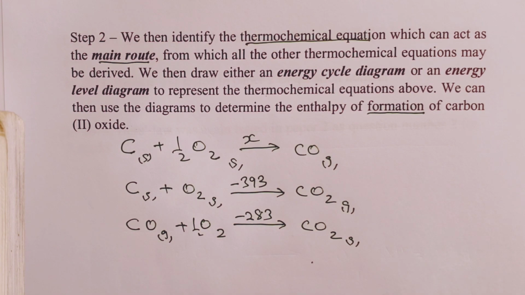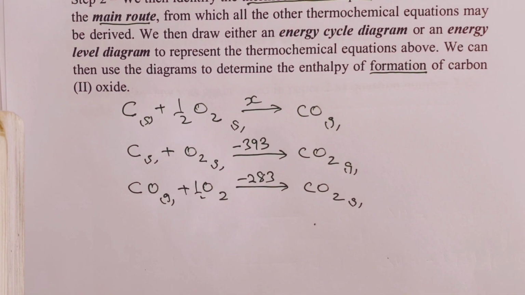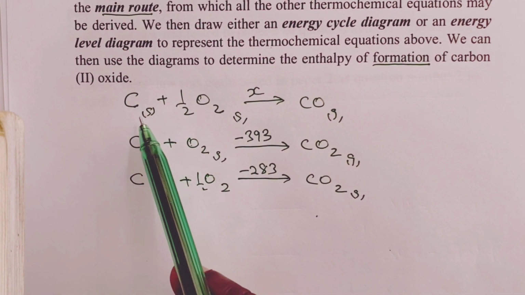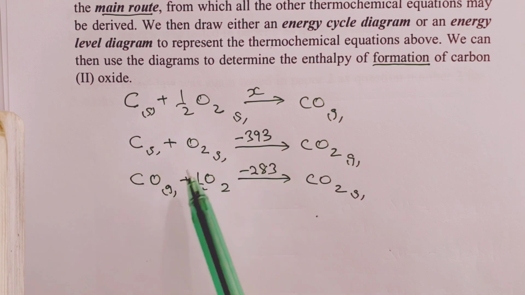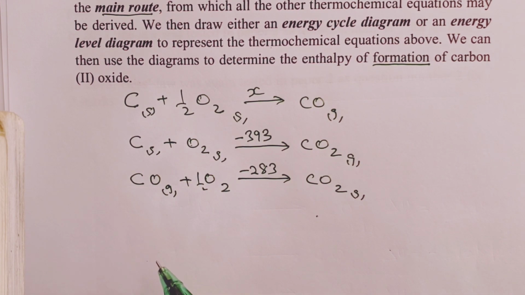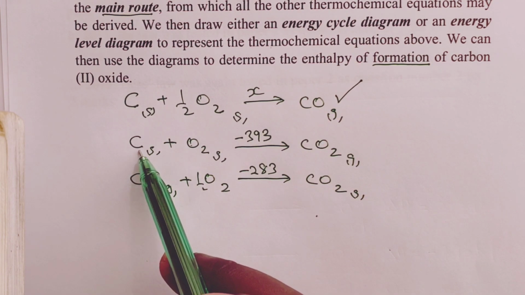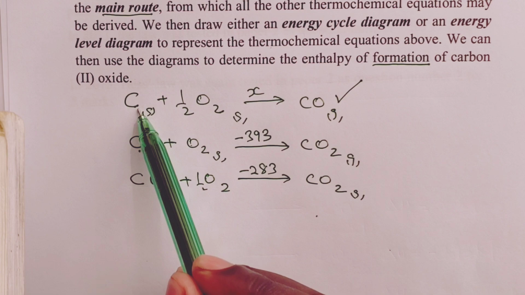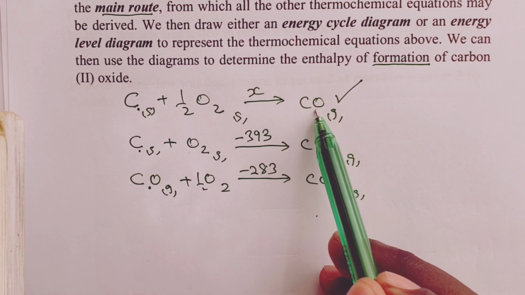So once we have these three, the next thing a candidate should do is to identify one that can act as our main root from which the other two can be derived. And you agree with me that that equation is equation 1. So equation 2 being carbon can be derived from here, and equation 3 having carbon(II) oxide can be derived from this end.